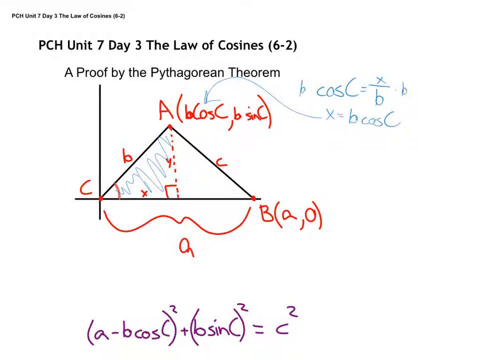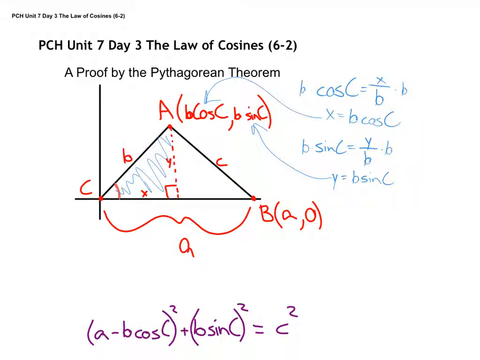I do something similar for the y coordinate. Instead of cosine, I'm using sine of angle C because it's opposite over hypotenuse. So it's y over B. Again, I multiply by B, and this time y is B times the sine of angle C, and that's where I got this y coordinate.